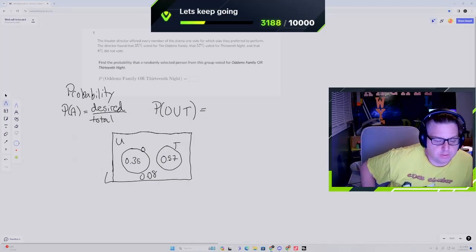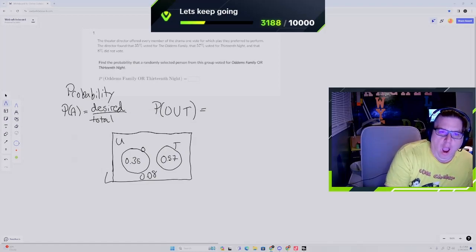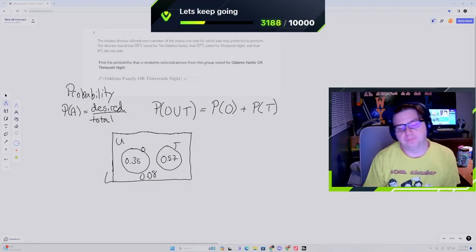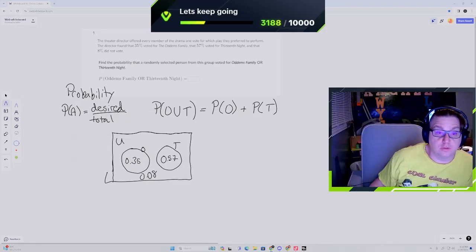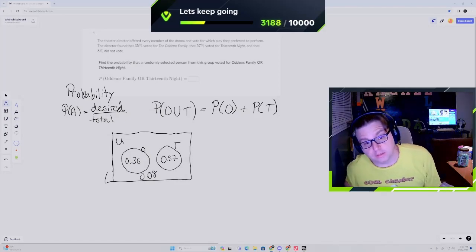Now, sometimes you can vote for both, but in this case specifically, you can only vote for one or the other. Okay? So when we do that, we're going to do the probability of each one added together. If that's the case, as long as there's no overlap, that's all we need to do.